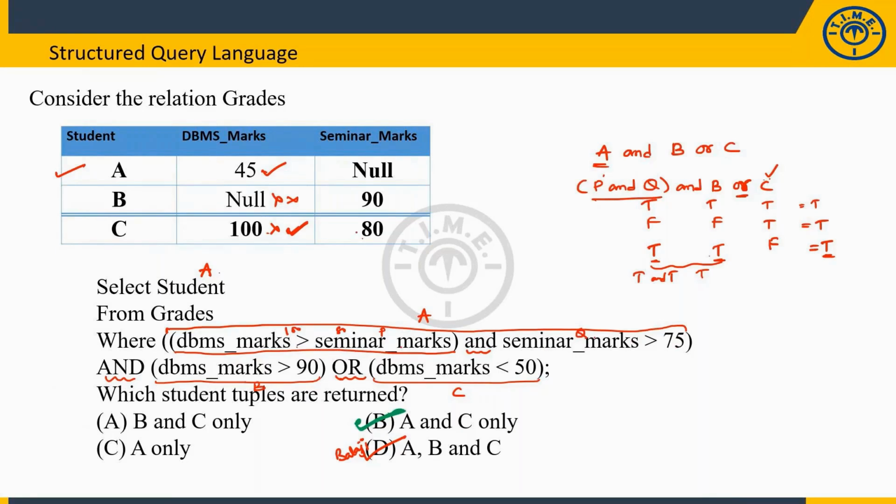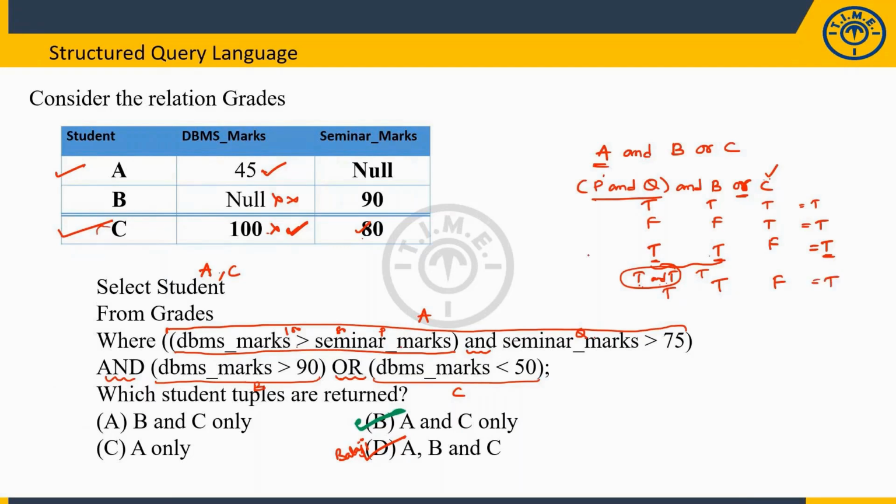This is also correct. So both the conditions are true, then C is also in the output. So till now I have checked the B condition. C is false, we have checked, and B is true, we have checked. When B is true, P and Q should both be true and true, so it is true. True and true is true, or false is true.